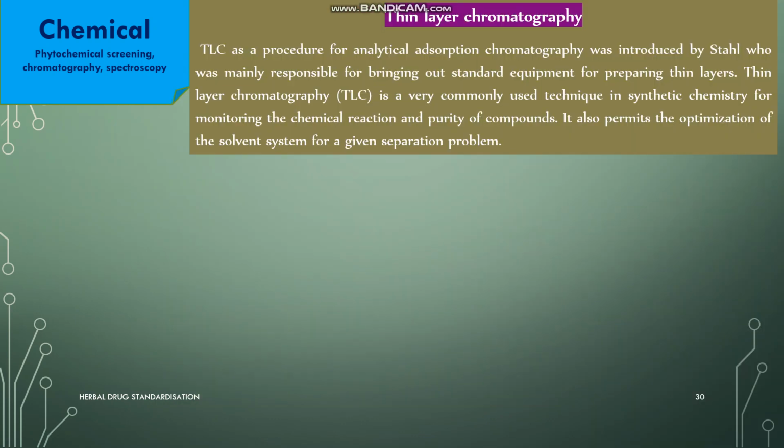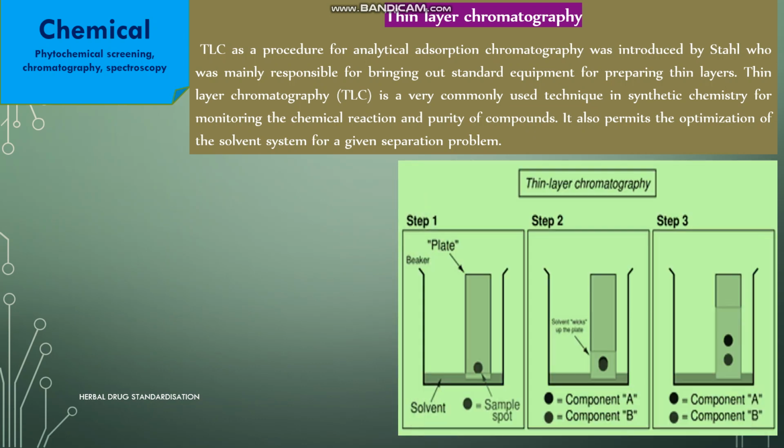Next one is TLC, again very important, thin layer chromatography. We generally use this technique in our laboratory, in the analytical industry, in the herbal drug industry, and even in allopathic synthetic chemistry. So TLC is again based upon the principle of adsorption. It has two phases, stationary phase and mobile phase, and separation is based upon the affinity of the compounds present in the sample either towards the stationary phase or towards the mobile phase.